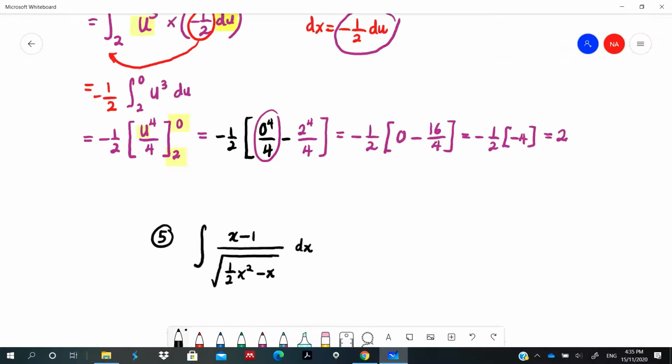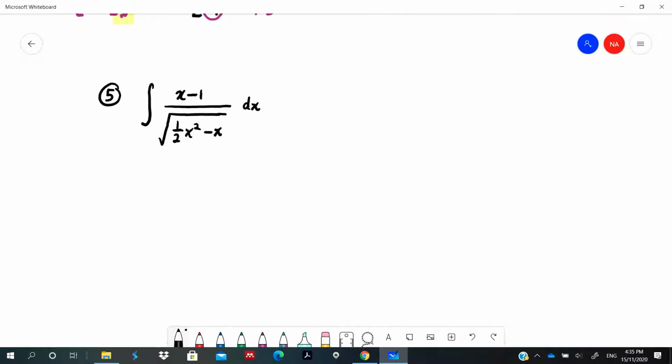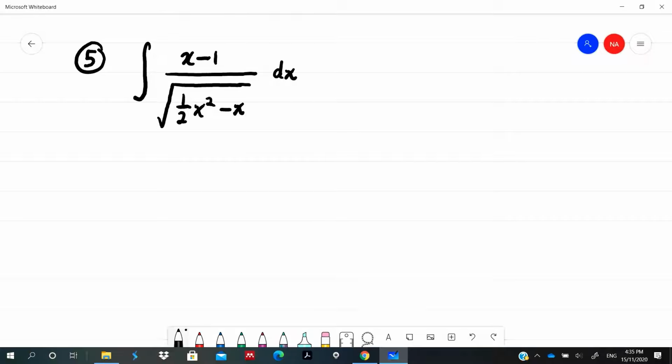So maybe the last one, we can see that function here. It is obvious that we have to substitute this with u. So u is equal to 1 over 2 x squared minus x. Differentiating this, du over dx will give us x minus 1.